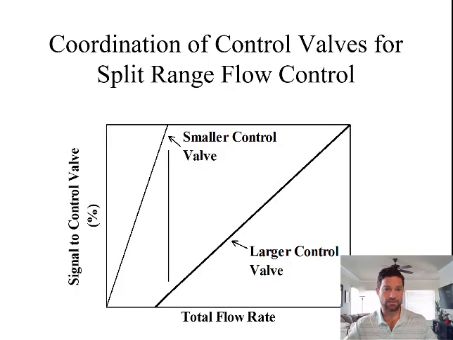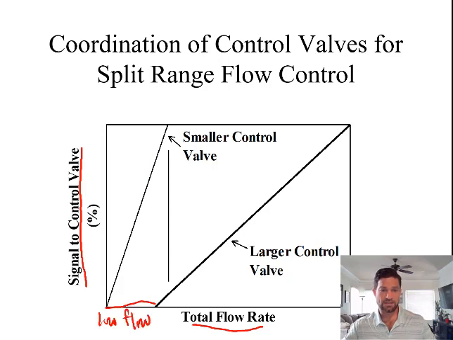Okay, this is shown on this plot right here. So this right here on the y-axis, we have the signal to the control valve versus the total flow rate. Okay, so down here at low flow, you can see that as the flow that we need increases, we have the signal to the control valve, the small control valve, is going to increase.